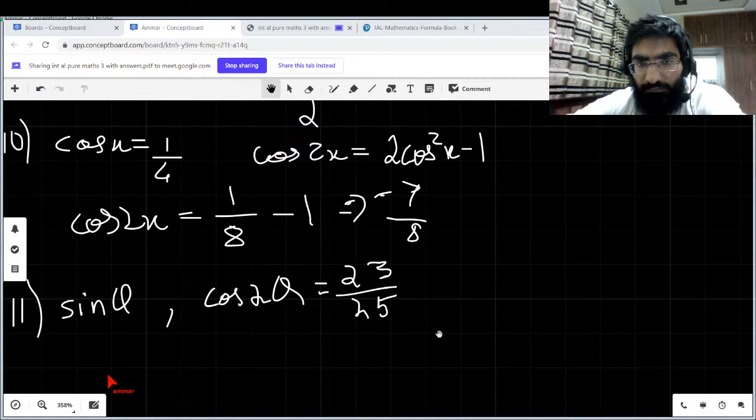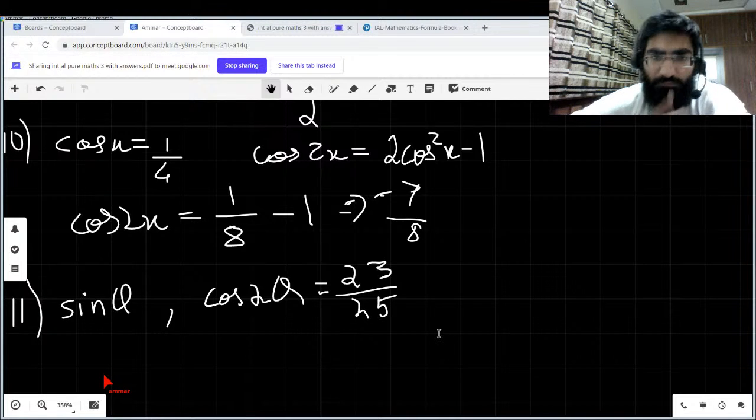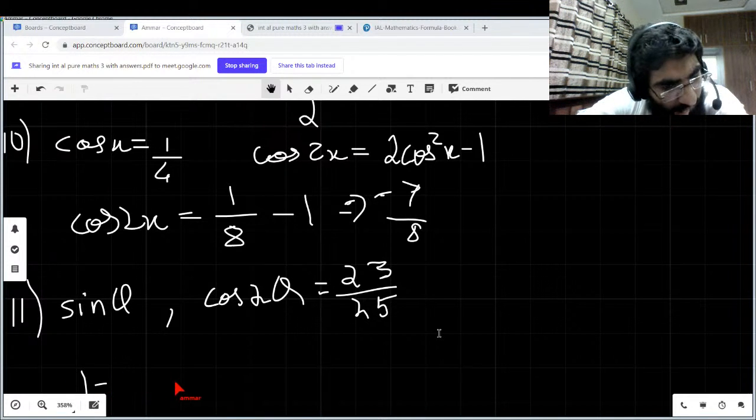Okay, so what is the cos 2 theta formula in sine? 1 minus 2 sine squared theta.